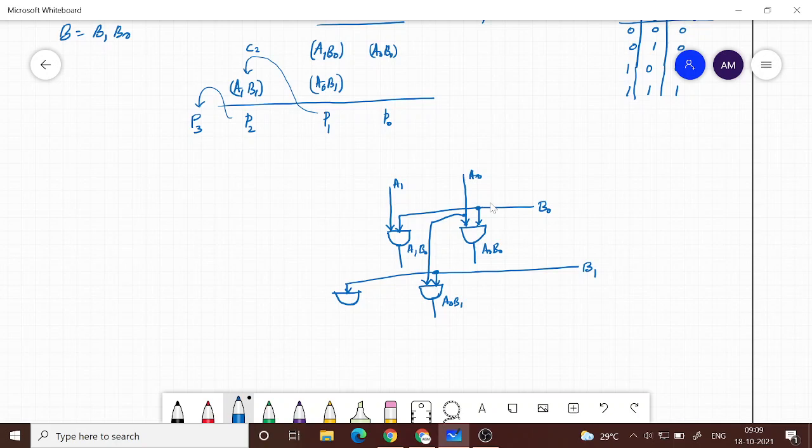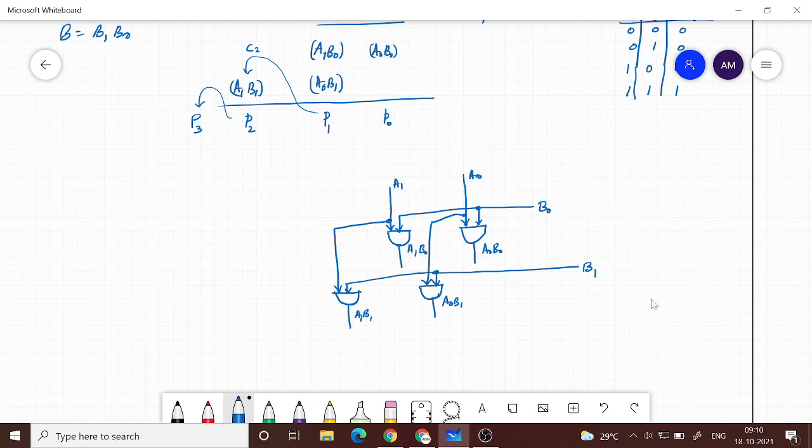Then this is B1 again, and A1 I require here. So we have generated all the partial product terms. Partial products are done using AND gates. Now comes the addition of these partial products.